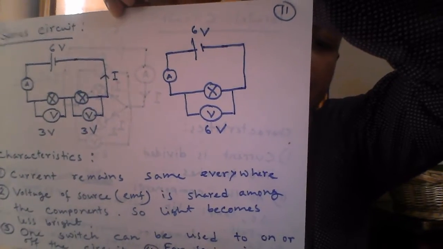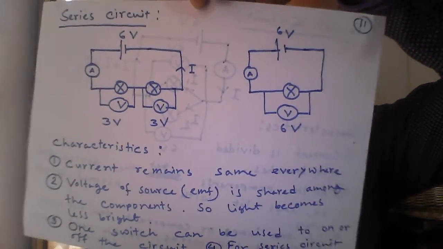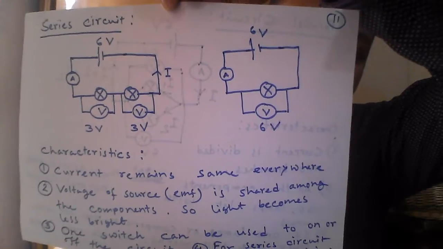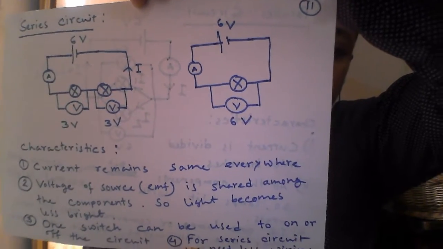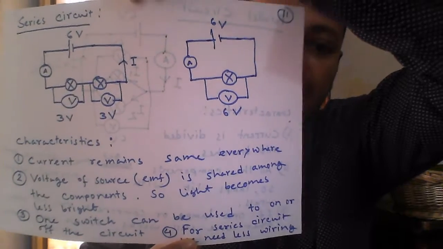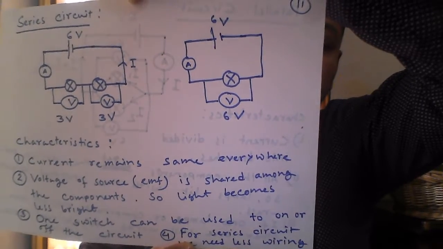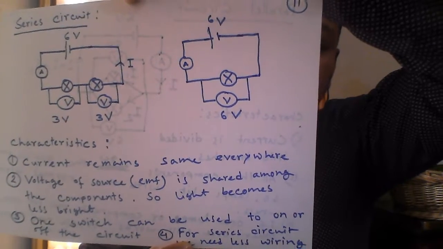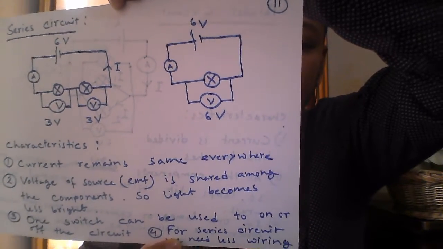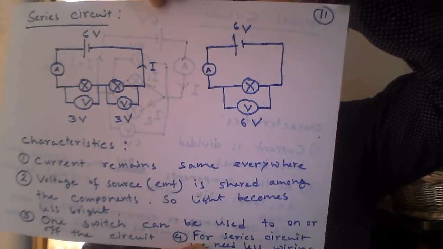So each of the components, they are getting the same amount of current. Both the lamps, they are getting same amount of current. Current is not divided. Every point or every part of the circuit has the same current.